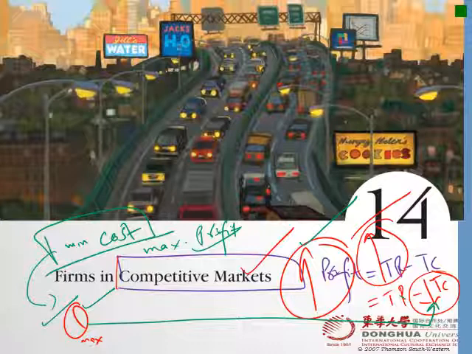So the overall goal in all the markets that we will learn, whether perfect competition, monopoly, monopolistic competition, or oligopoly, is to find the quantity that minimizes the cost, which means maximizes profit. So keep in mind that this analysis is based on finding the quantity that maximizes the profit or minimizes the cost. Okay, so let's officially discuss this chapter.